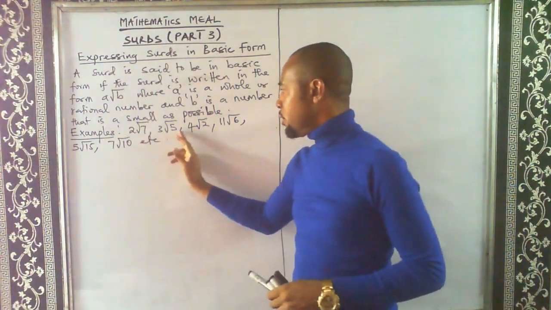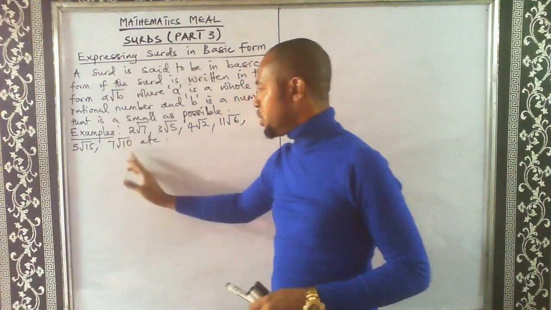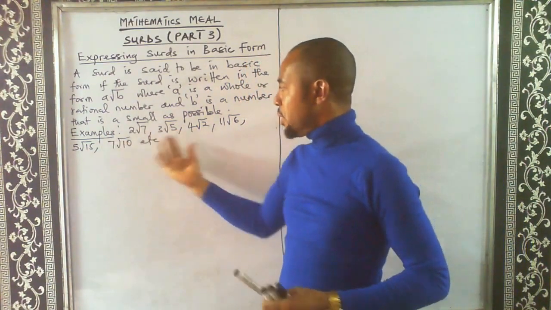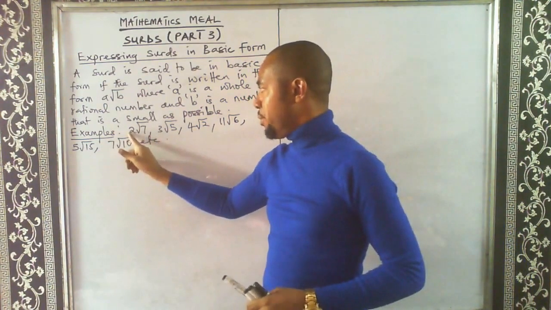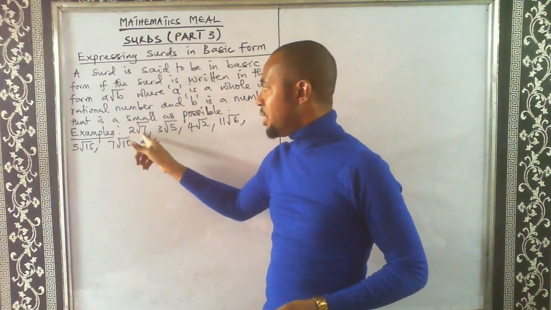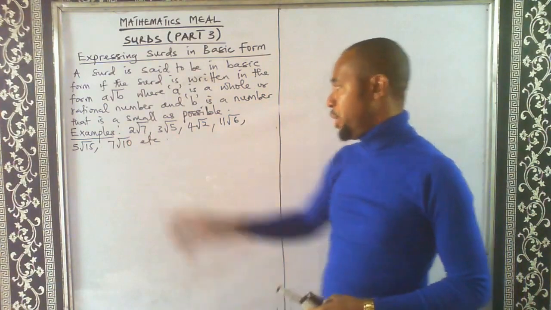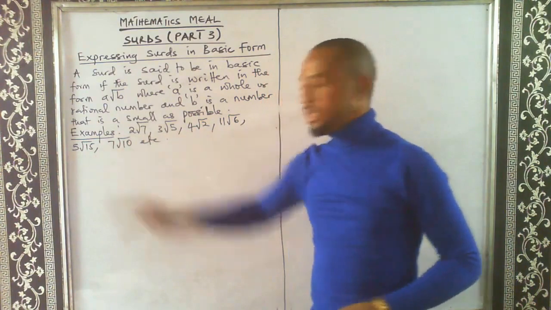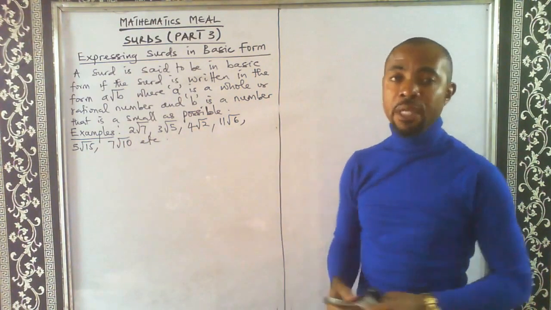What makes these surds to be in basic form? You look at this: this is a whole number or a rational number also. And then this 7 under the square root sign, that's the radical, can no longer be reduced. So the same thing applies to the rest. So once a surd is in this form, the surds are said to be in basic form.